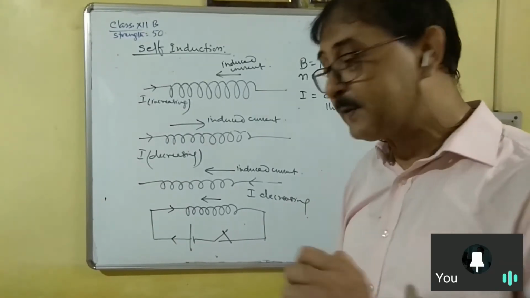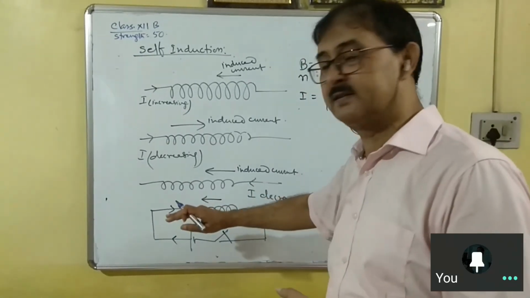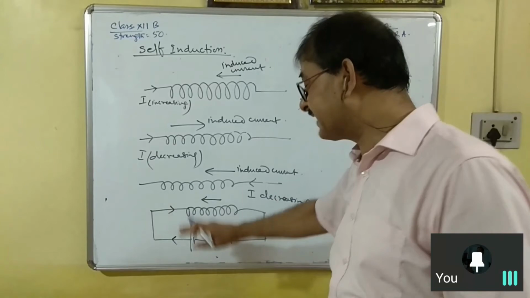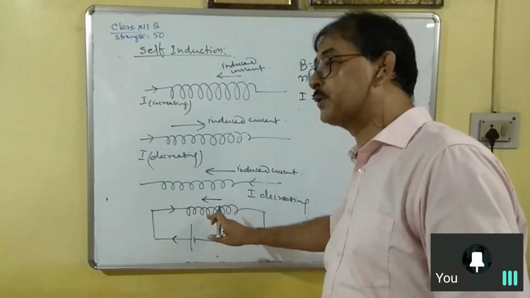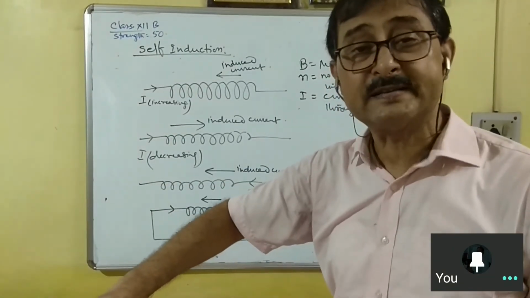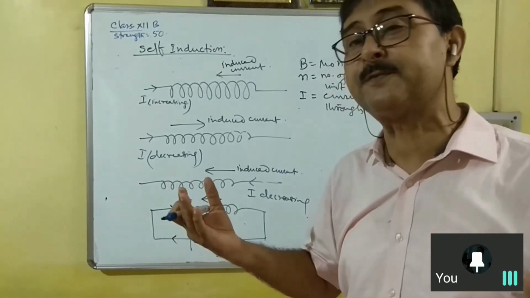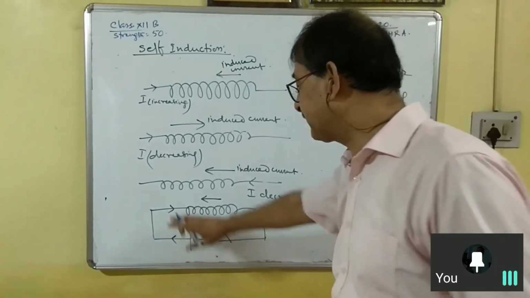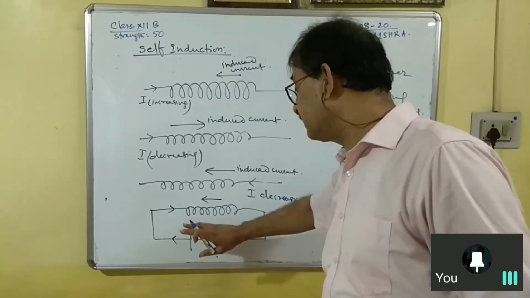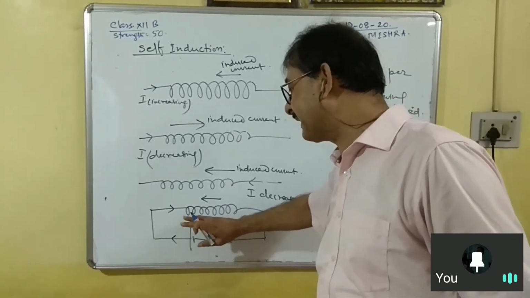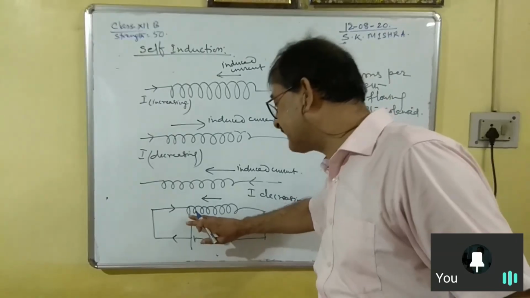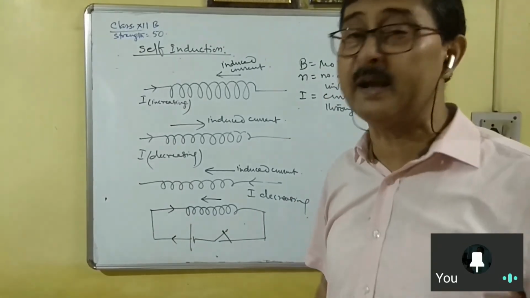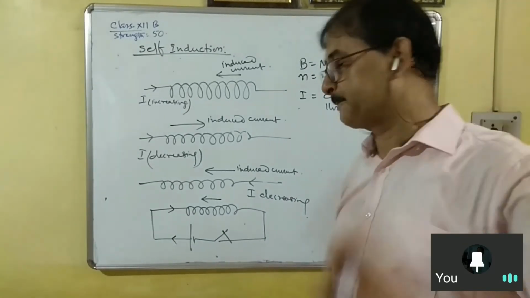That is the phenomena by which it opposes the reason: growing current should be opposed, decreasing current should be opposed. That phenomena of induced EMF will be abolished the moment current becomes constant. Because once the current becomes constant, magnetic field remains constant, flux remains constant, so no question of induced EMF, no question of induced current.